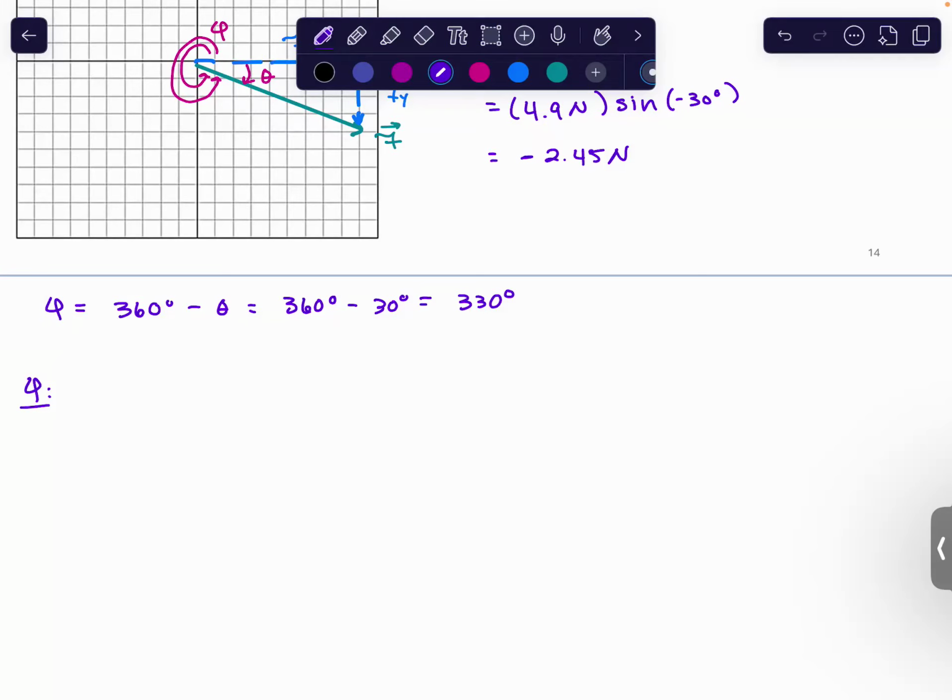For this one, since it's measured from the positive x-axis, we're just going to use our generalized equations.